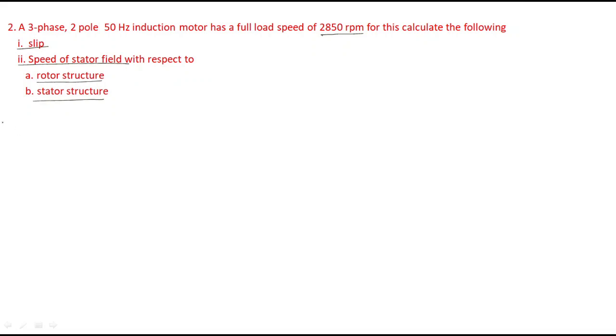Okay, first write down the given data. A three-phase system, number of poles is 2, frequency is 50 Hz, and the speed is given as 2850 rpm.